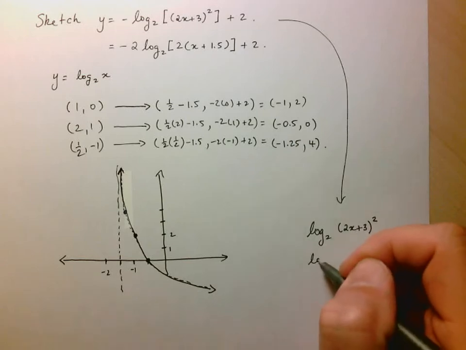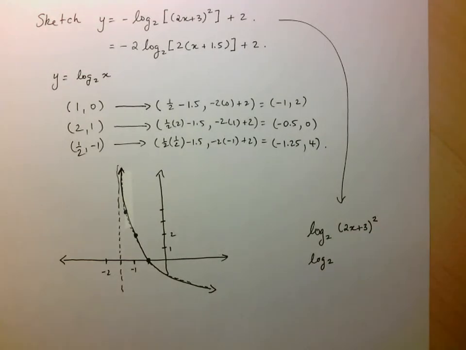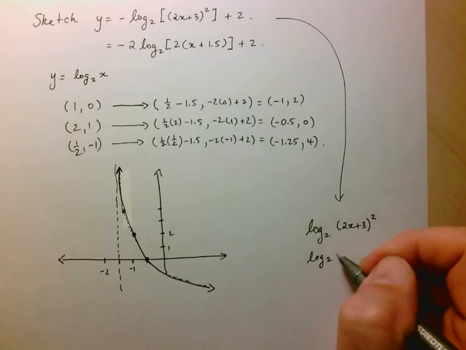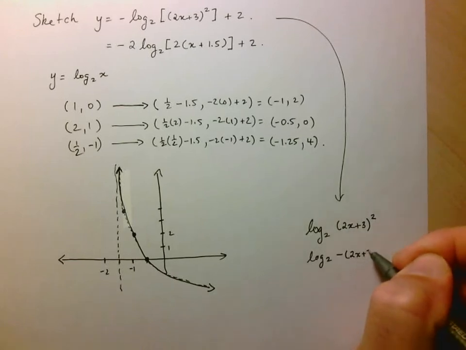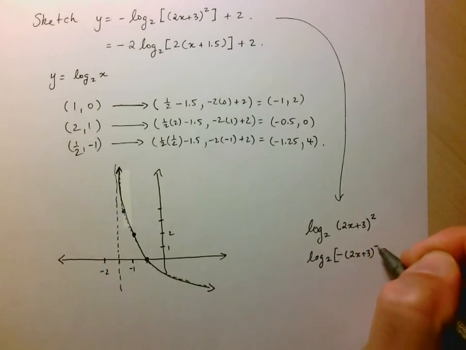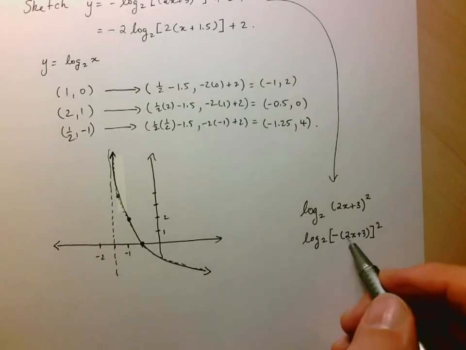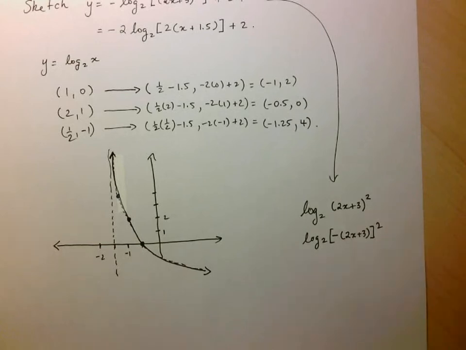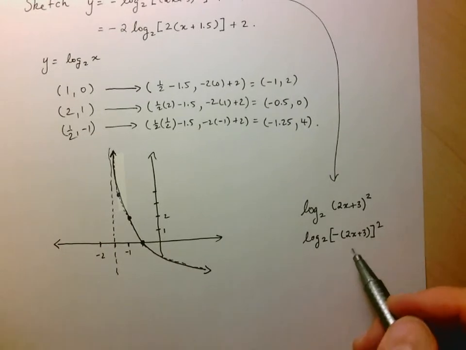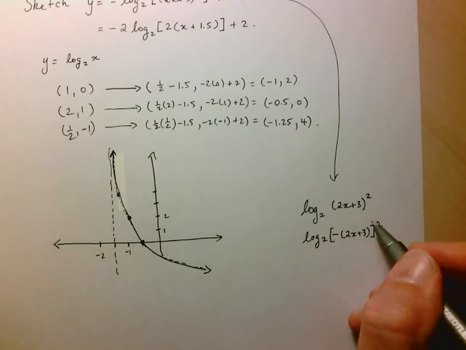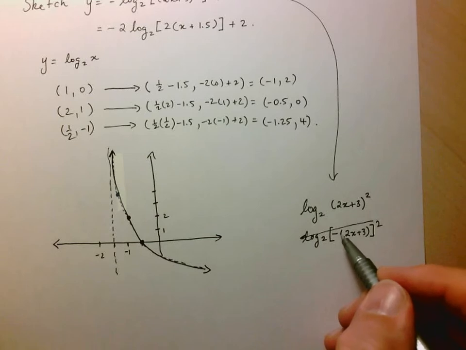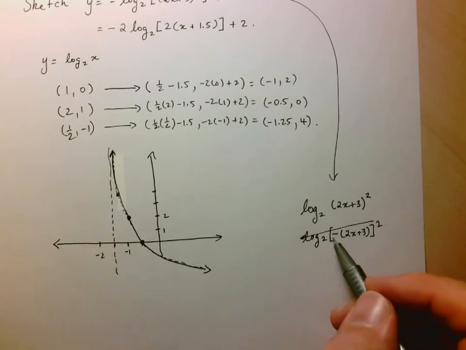But say 2x plus 3 is a negative number. This is what the input could look like. It could be written as the negative of what the original expression was when it was positive. But then when I bring down the 2 in this scenario, I end up with this negative inside here. And what does that negative represent?